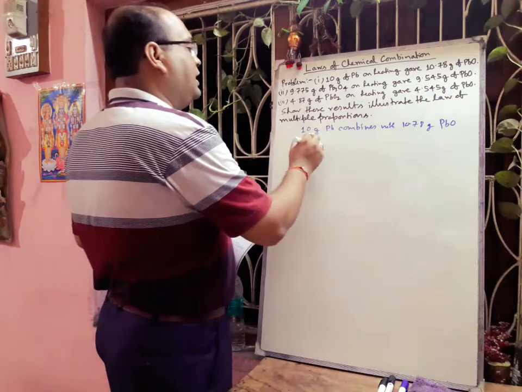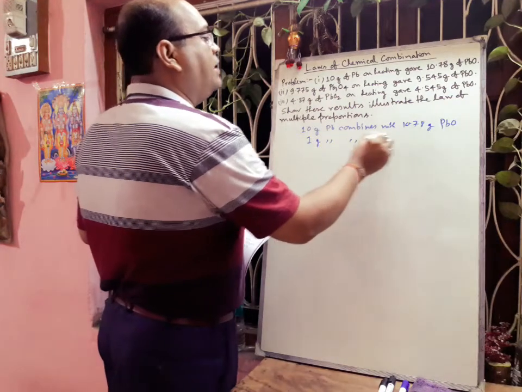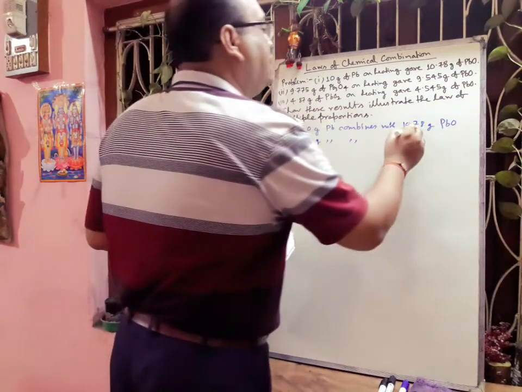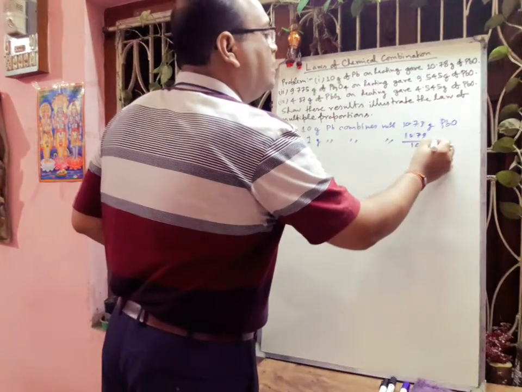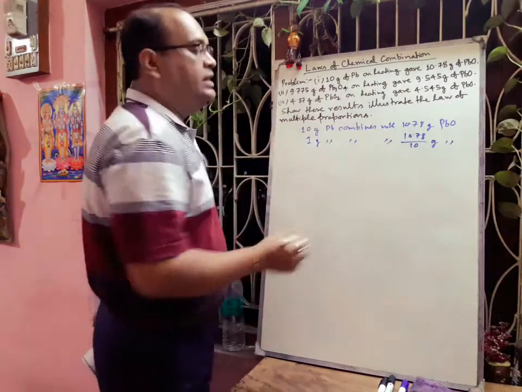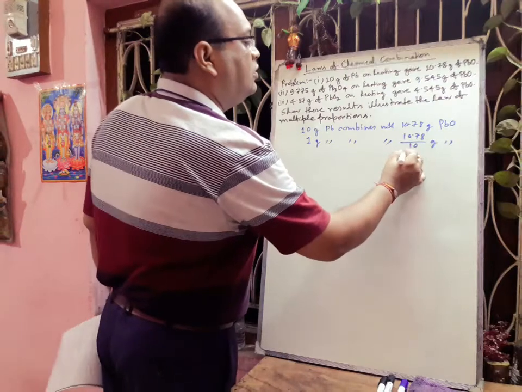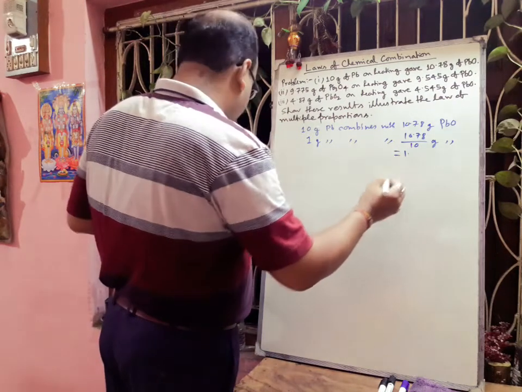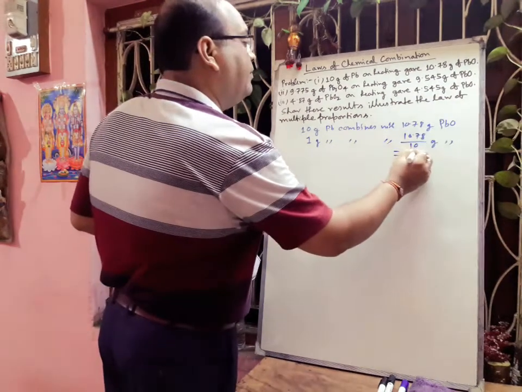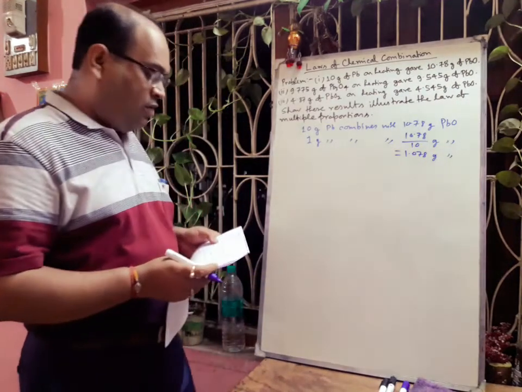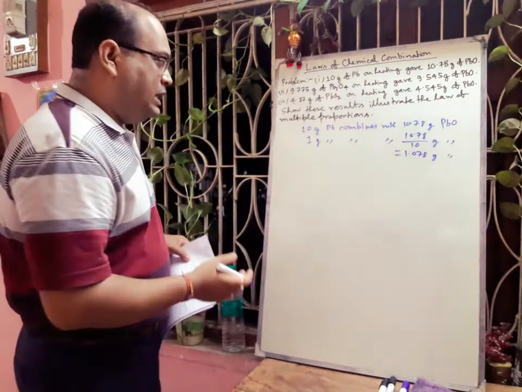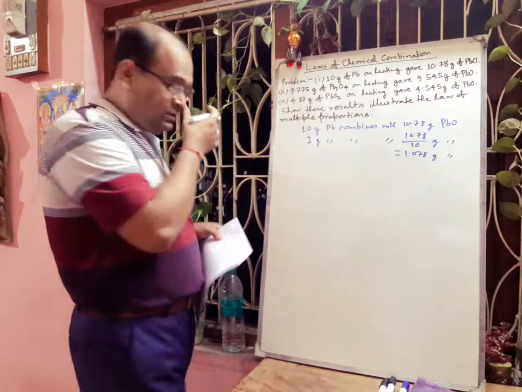So 1 gram lead combines with 10.78 divided by 10 gram PbO, that will be near about equal to 1.078 gram PbO. So now we have to calculate how much oxygen is present.